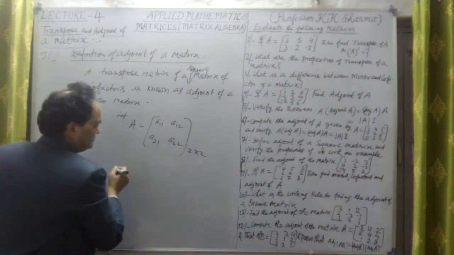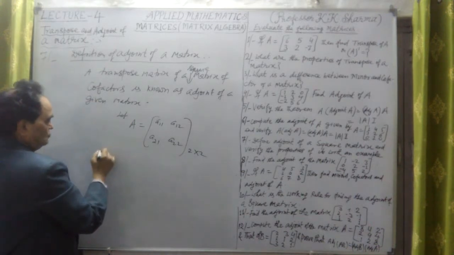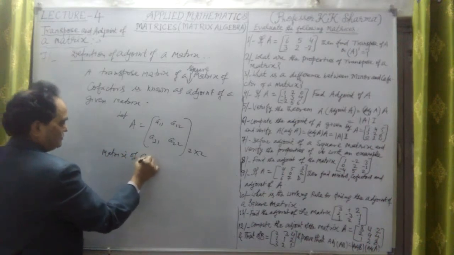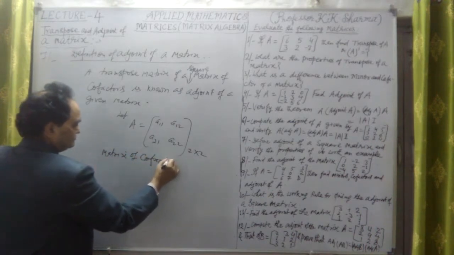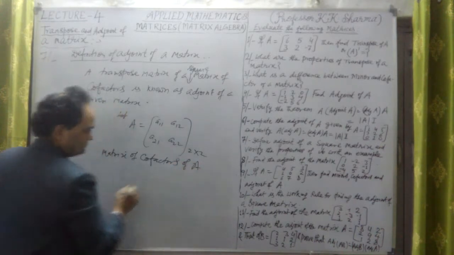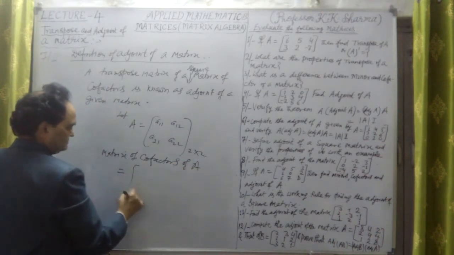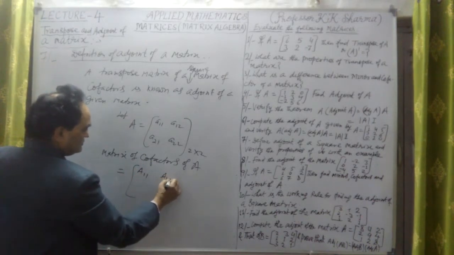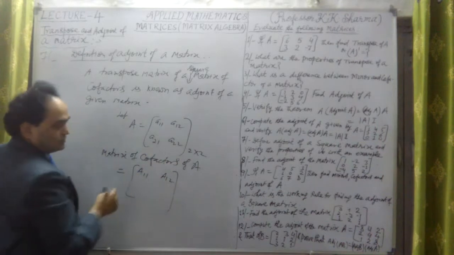Now, what is the adjoint? The matrix of cofactors of A. Let me represent this as capital A11. In this case, we have taken only a 2 by 2 matrix.